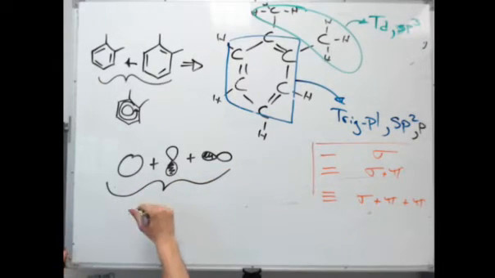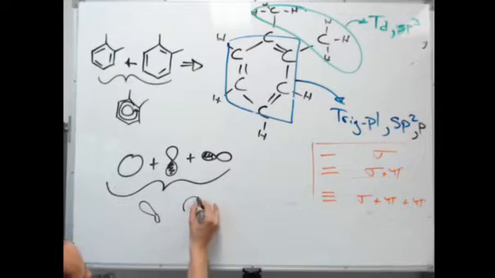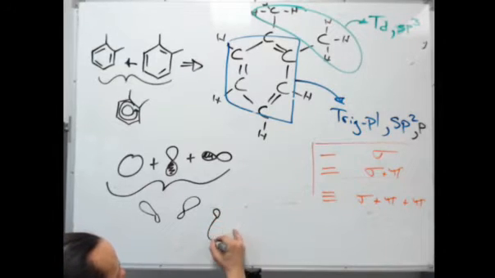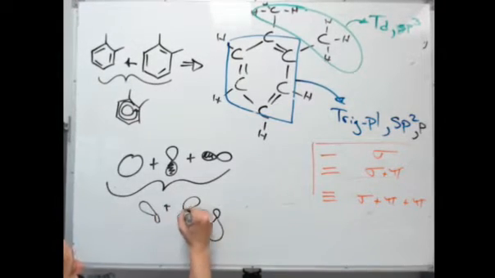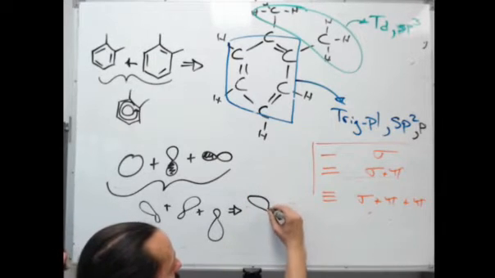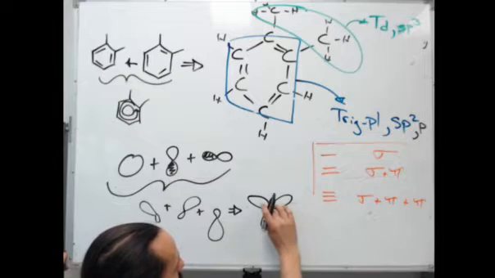And the way that the addition works is I get an sp2 hybrid like that, an sp2 hybrid like that, an sp2 hybrid like that. The pictures in the book are way better than the pictures I can draw. But if we put all three of these together, we end up getting something that looks kind of like this.